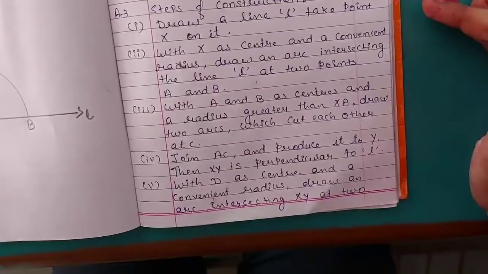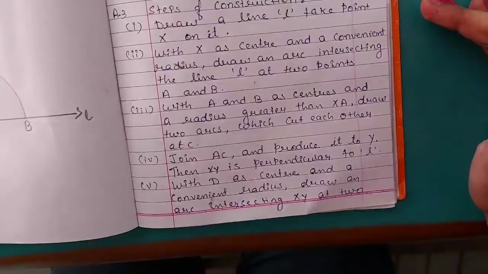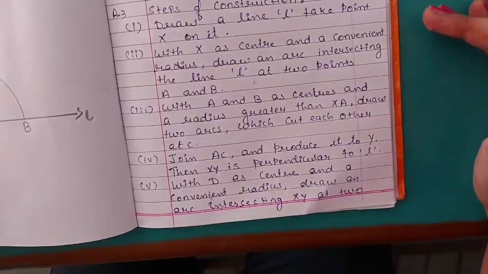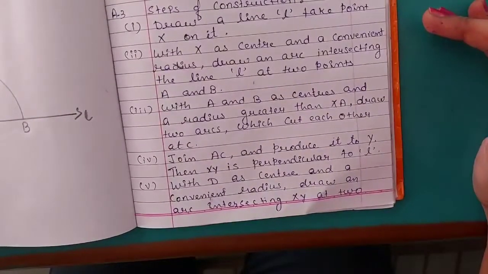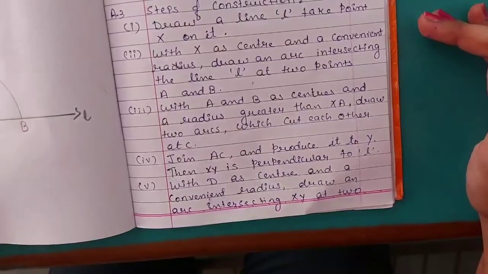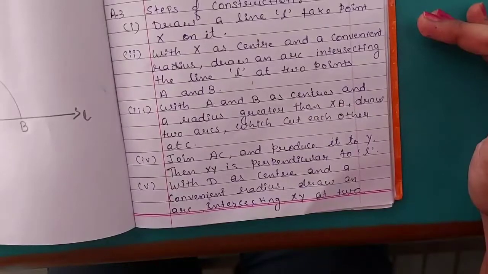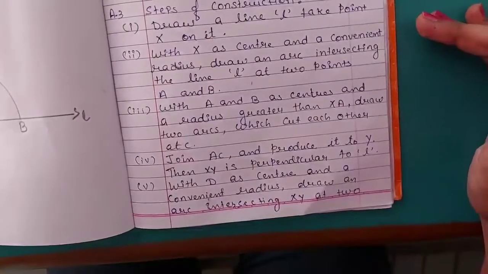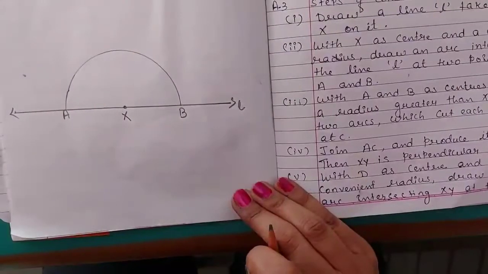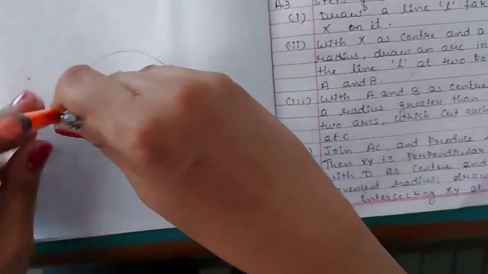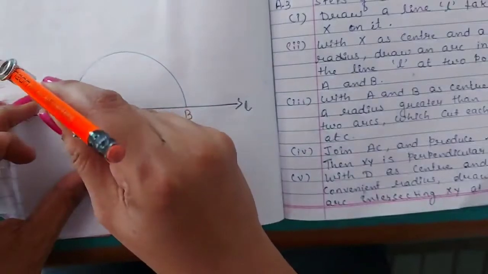Now next step is, with A and B as centers and a radius greater than XA, draw two arcs which cut each other at C. So we will take A and B as centers and a radius greater than XA, and we will draw two arcs that cut at C. So students, this is XA. We have to take more than the radius of XA.